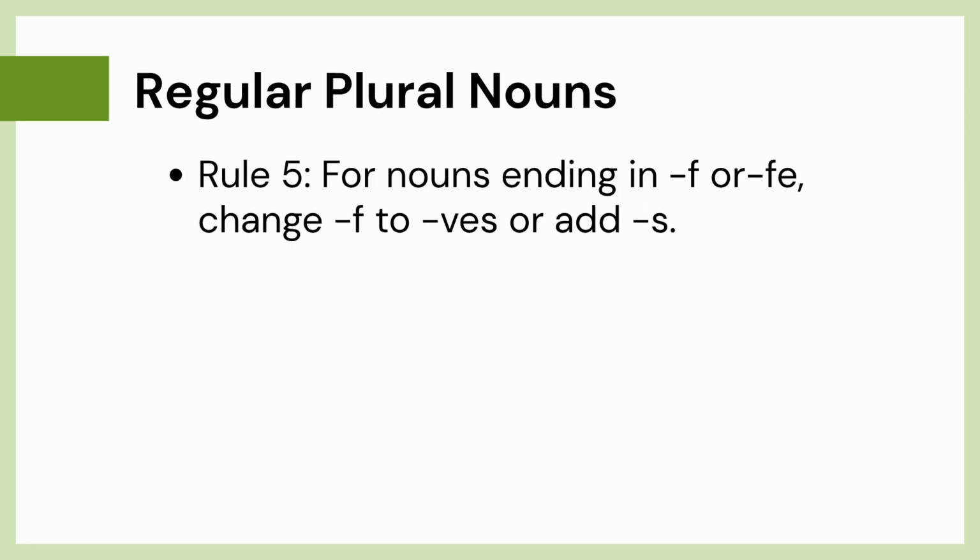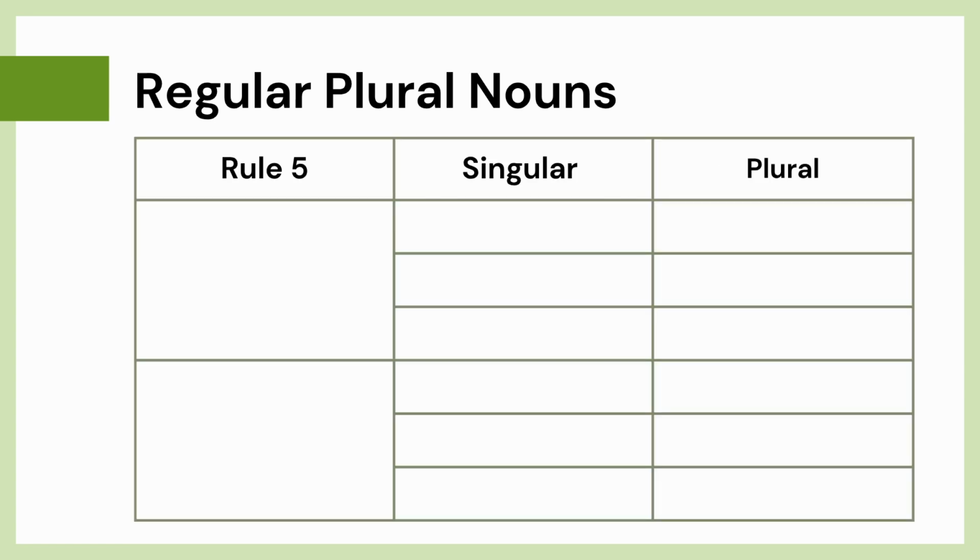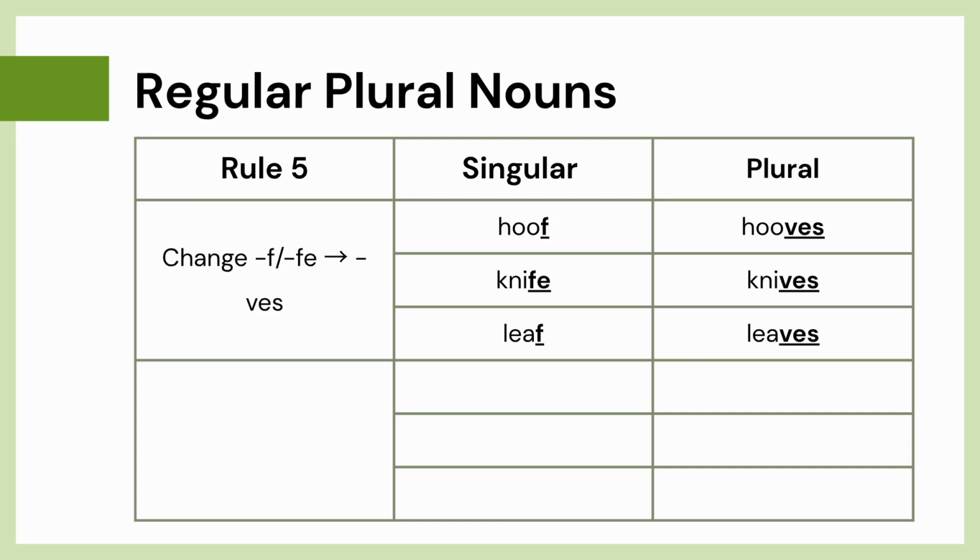The last rule for regular plural nouns, number 5. For nouns ending in F or FE, in other cases we need to change F to VES, or sometimes we add S. For these words, we change F or FE to VES, like hoof to hooves, knife to knives, leaf to leaves.